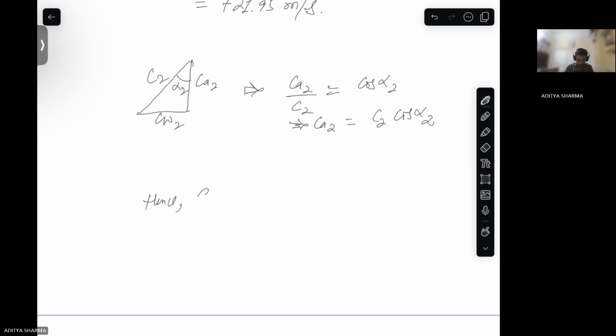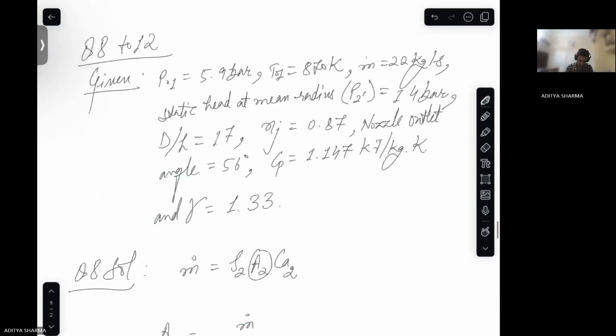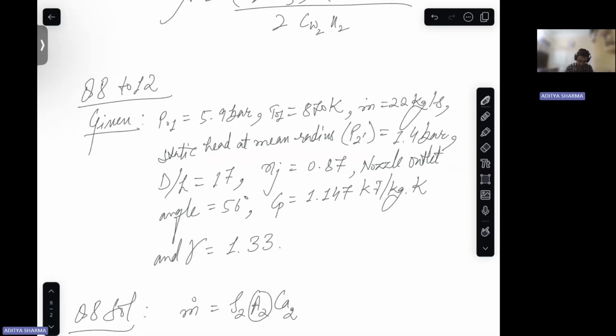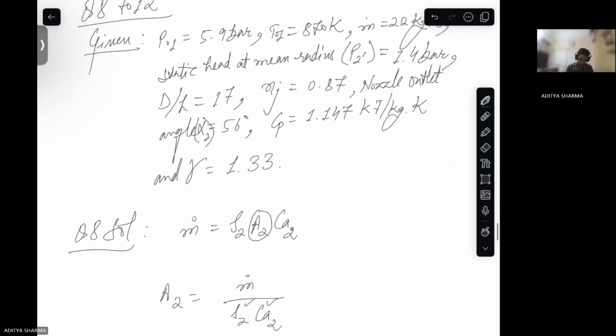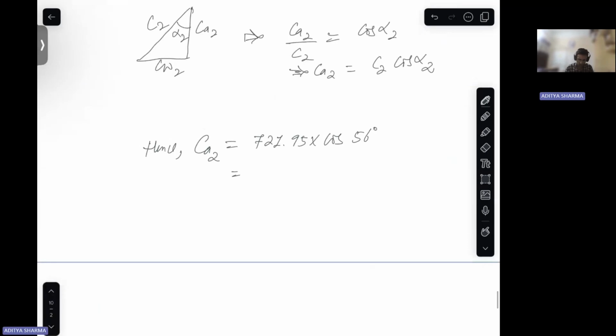Hence here CA2 is equal to 721.95 into cos of alpha 2, that is 56 degrees. The nozzle outlet angle alpha 2 is equal to 56 degrees. If we calculate this, this will come out to be 403.70 meter per second.